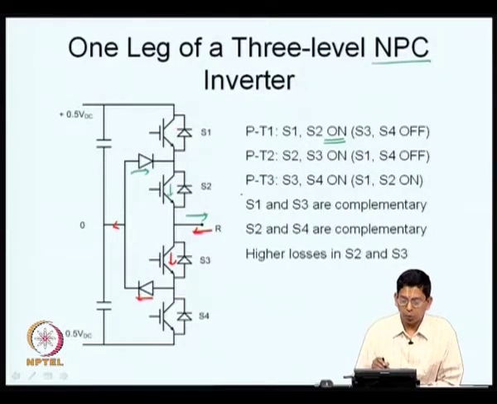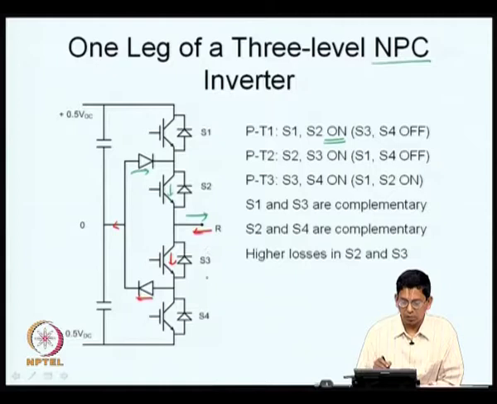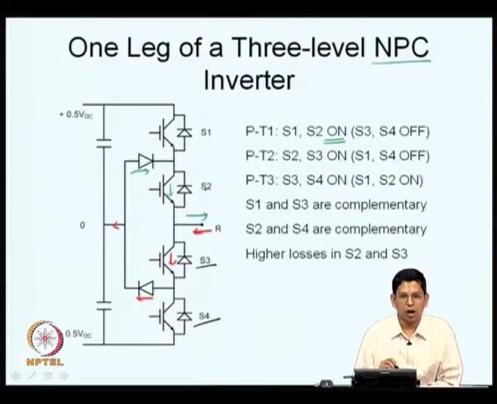Now, let us say pole P and T3 are connected together. That basically means the bottom 2 switches S3 and S4 are now on and the top 2, S1 and S2, are off. So, whenever you see S1 is on, you see S3 is off. Here you see S3 is on, S1 is off.